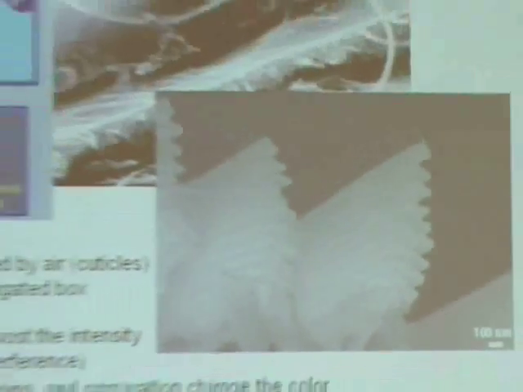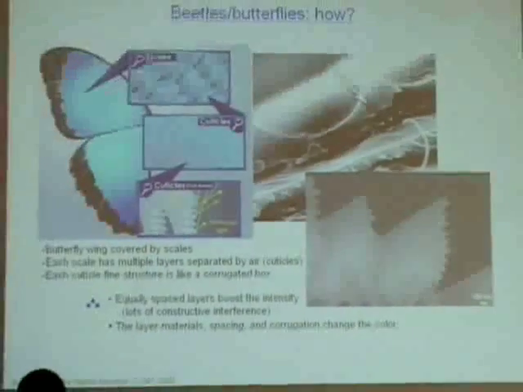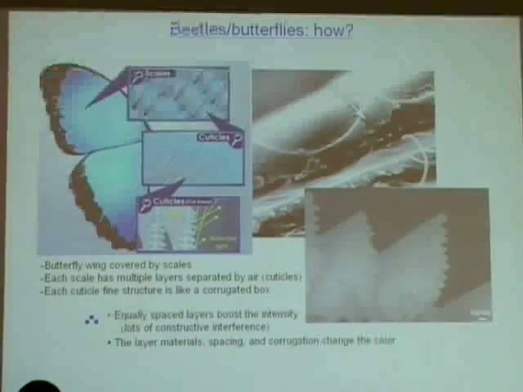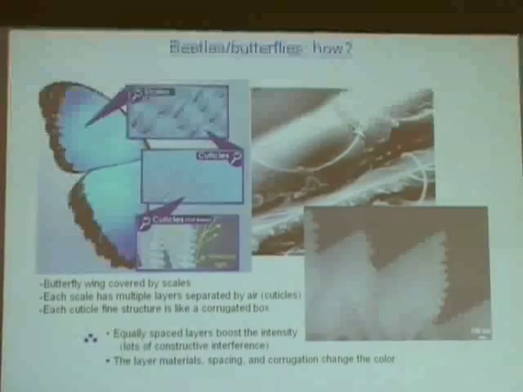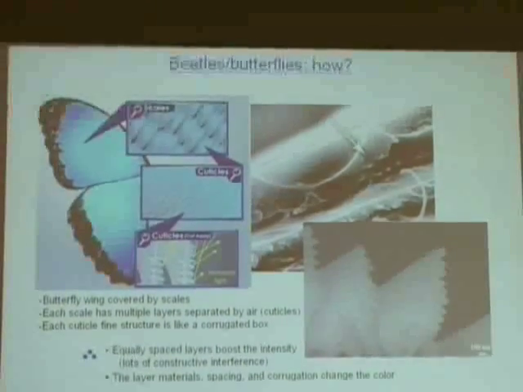And when you zoom in, in fact, you see something just like that. You see that each cuticle is like a corrugated box. So they control light by having multiple layers so that you get this amplification. And they control light by the structures on these cuticles so that it interacts differently with the light and makes you see something different.